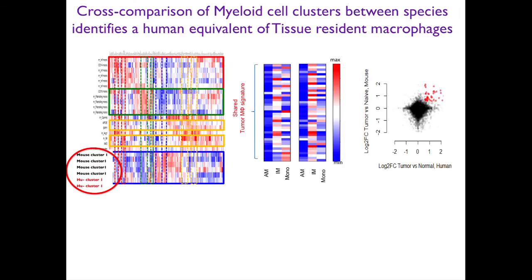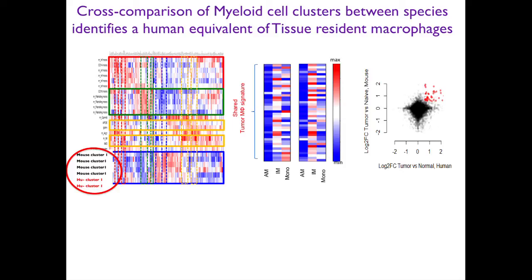Okay, so then we went back to our human single cell analysis, and we tried to identify a macrophage cluster that resembles the embryonic macrophage clusters. And of course, we are doing this for all macrophage clusters, for which we are going to probe the function in mice.